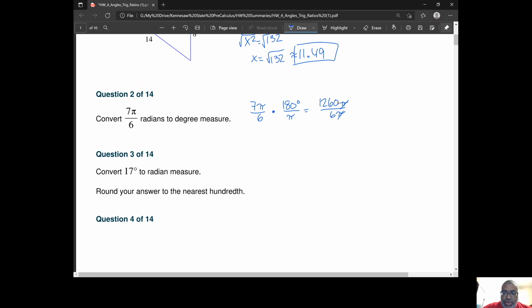Those cancel. We're just left with 210 degrees. Wait a minute, I got my numbers off, because it's divided by 6. That's 210 degrees.